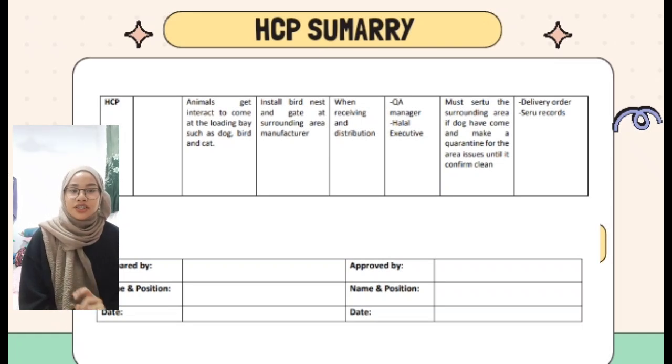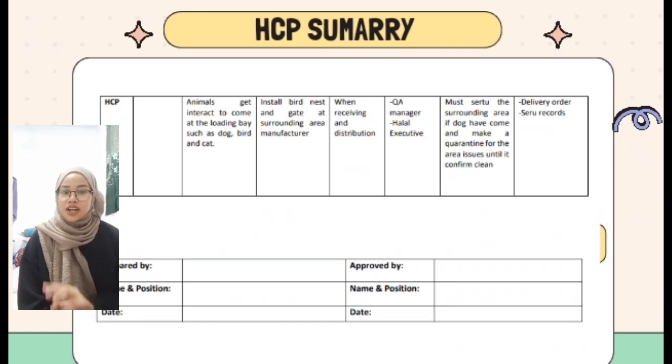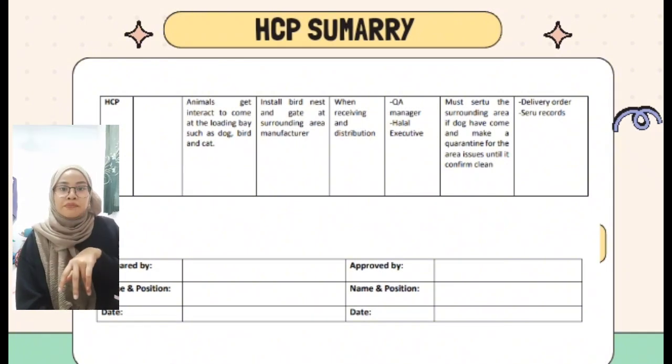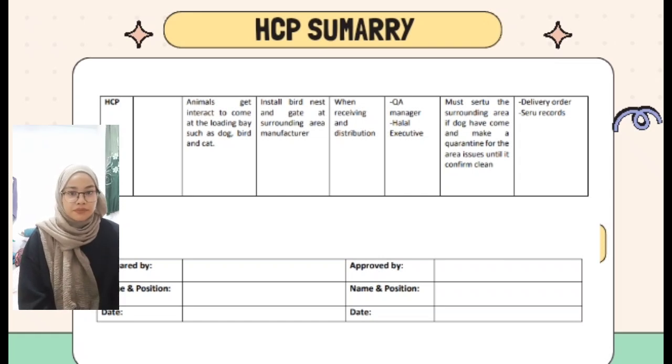Okay, for the third HCP, what animals can interact at the loading bay, such as dog, bird, and cat? How? Install bird nets and a gate at the surrounding area of the manufacturer to reduce animals coming into the manufacturer. And when, receiving and distribution.